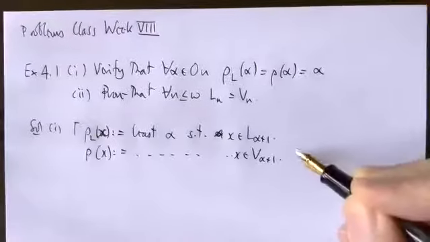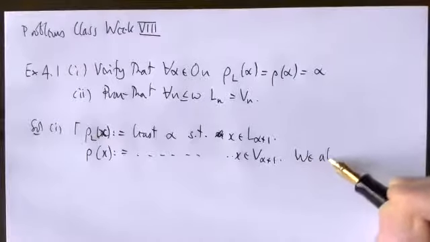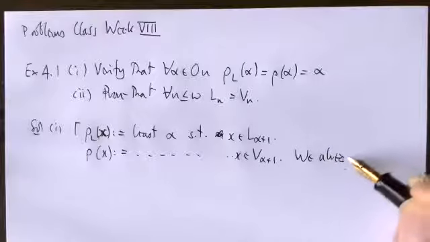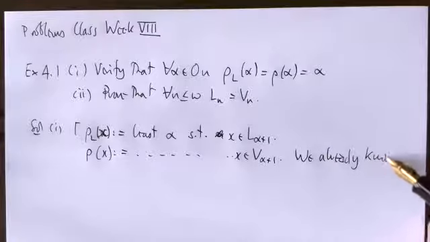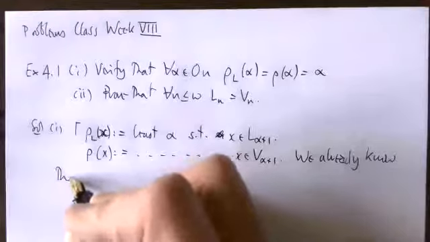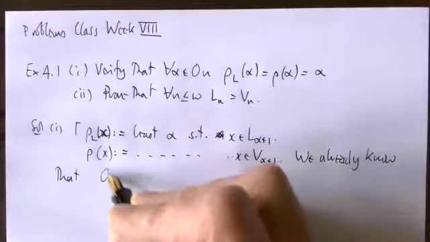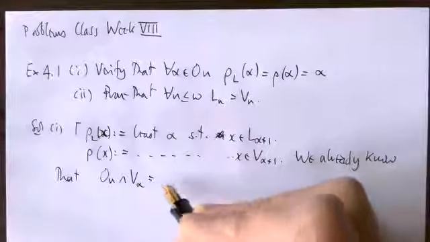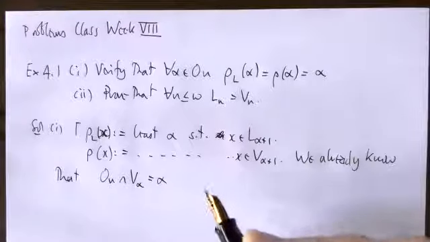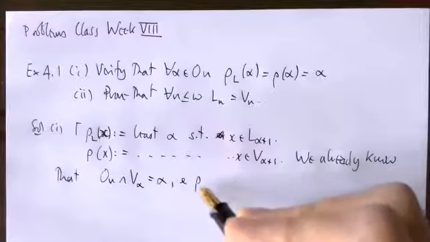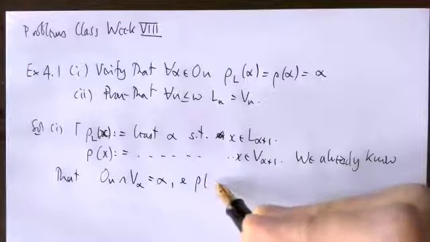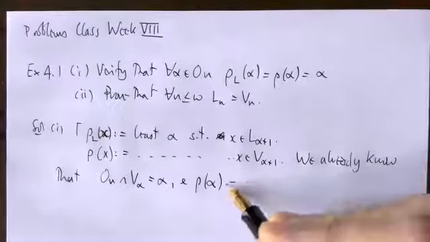So we already know that the ordinals intersect V alpha is alpha, and so the rank of alpha is just alpha.